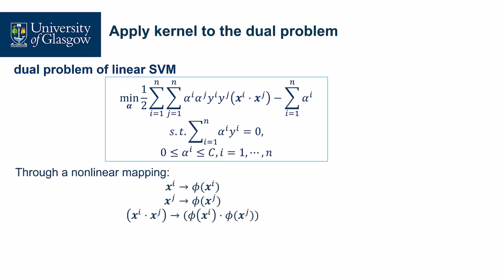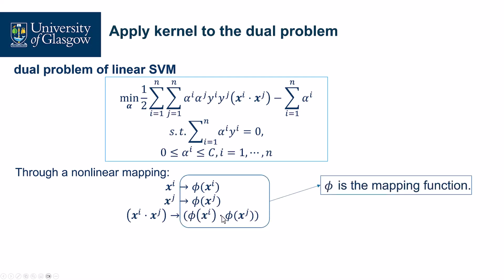Then we do a nonlinear mapping. We take xi, xj and use the transform function phi to go to the feature space, right? The phi will be applied to each of them, and then we perform the dot product. So phi is a mapping function.